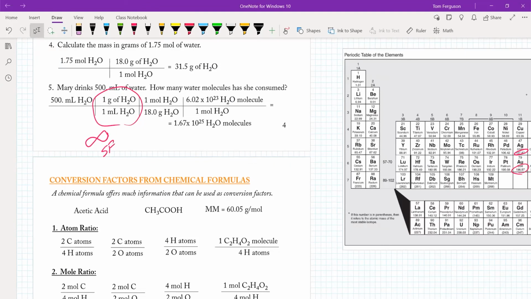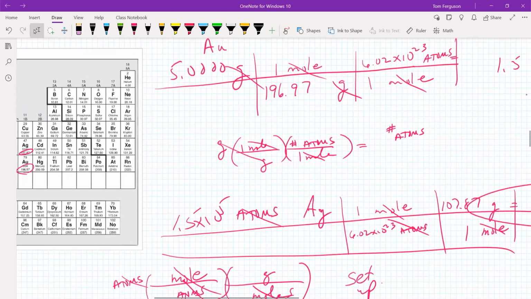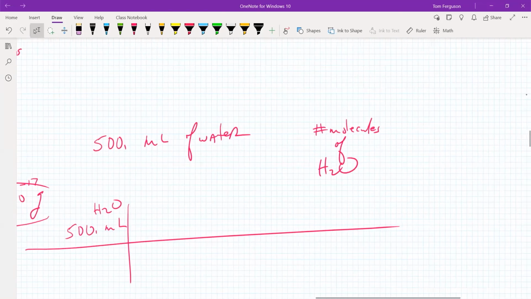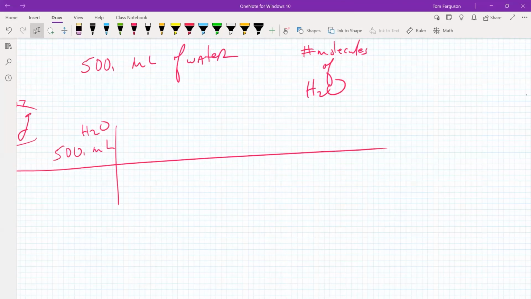That's pure water. Okay, so now we're at 500 grams of water.